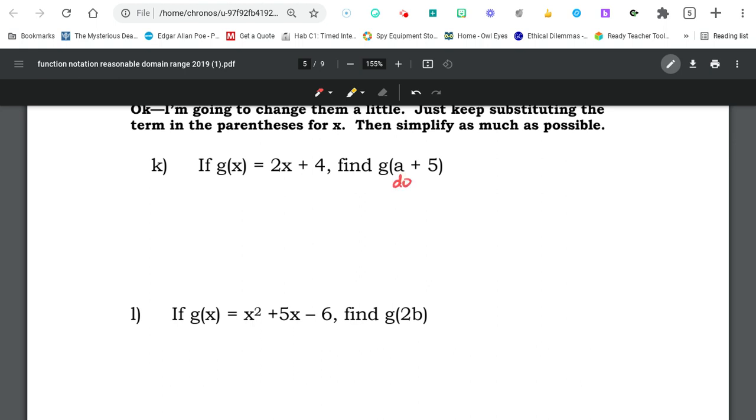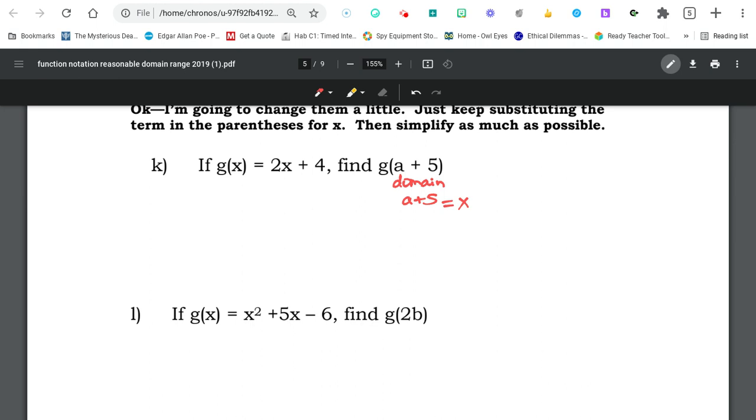So here my domain is a plus 5, guys. Not a, it's a plus 5. So where I see x, I put in a plus 5. Usually where I would see x, I just put in a regular number, but in the parentheses this time, I got a plus 5.